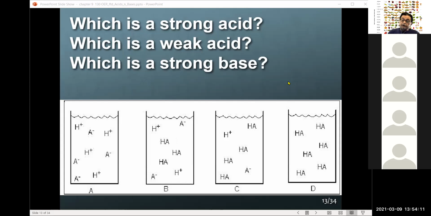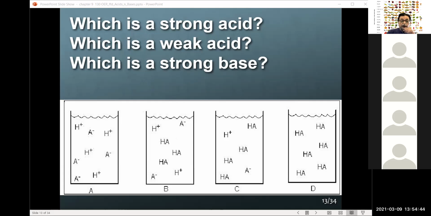Well, the last question, if you think about it, just by the Arrhenius definition of the base, there's no OH in there, so I can't really say it's a strong base. Which one do you think is a strong acid here? Strong meaning literally 100%.